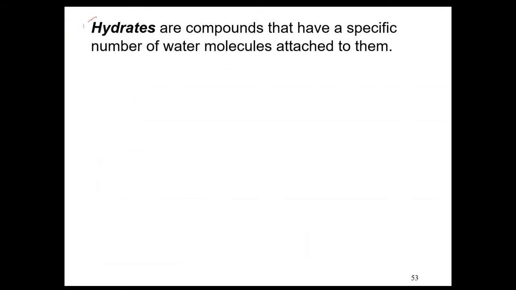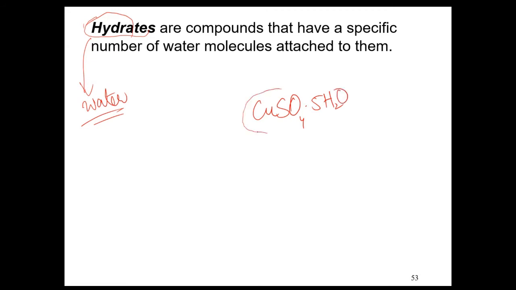What do you mean by hydrate? Hydra means water. Excellent, water. Okay, students, sometimes we prepare some inorganic compounds in our chemistry lab, then some water molecules are attached with the crystal of that compound. For example, when we prepare copper sulfate, then 5 water molecules are attached within these copper sulfate crystals.